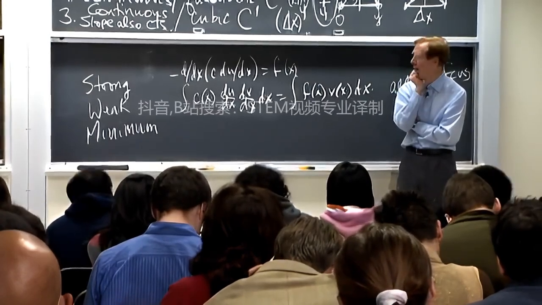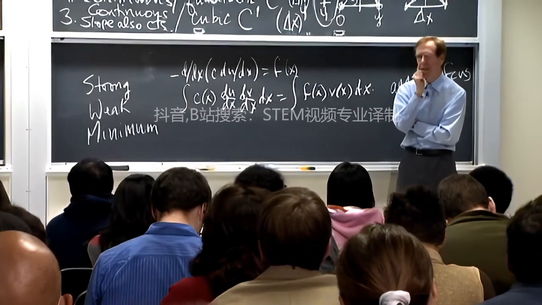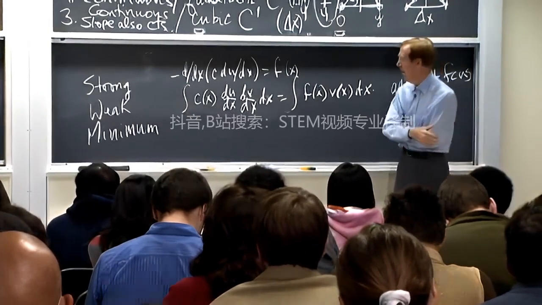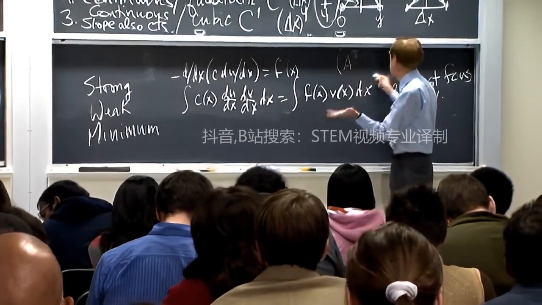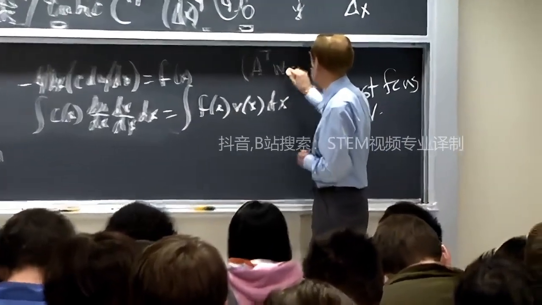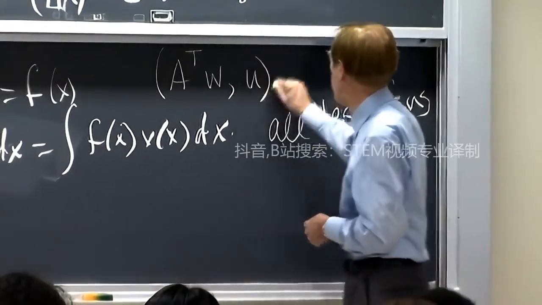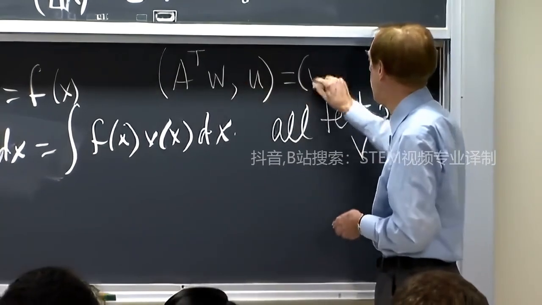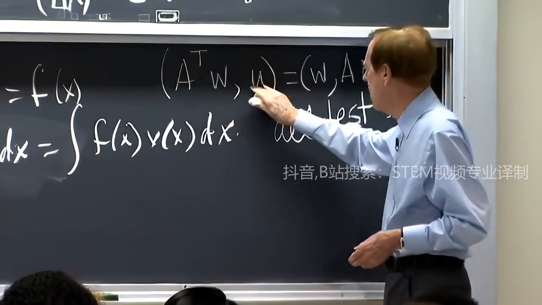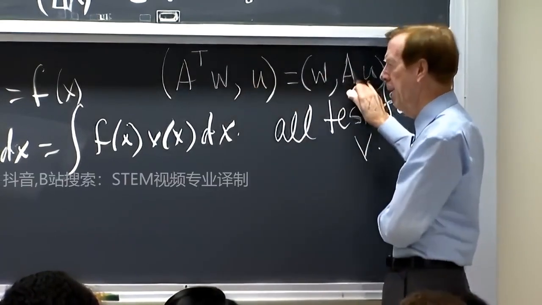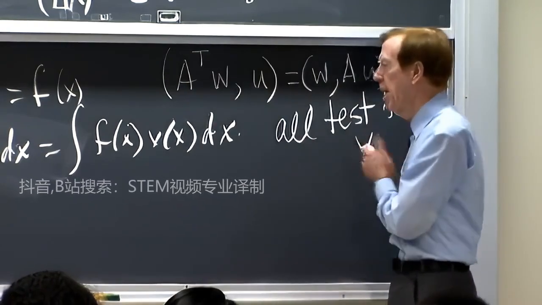That's cool. That's just like how it should be. I just followed that rule that A transpose times something, so I call it W, inner product with U is the same as W, AU. If I bring an A transpose over, it becomes an A. If I bring an A over, it would become an A transpose.